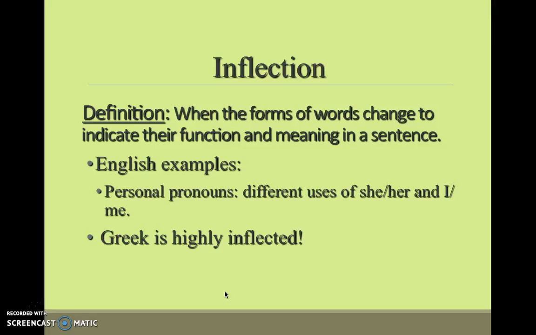Greek has something called inflection, and that's when the form of the word changes. We saw this with verbs, and it might have been a little overwhelming, but in nouns as well, there are all sorts of changes that occur to the form of the words, and those changes are what indicate the function and meaning of that word in a sentence.